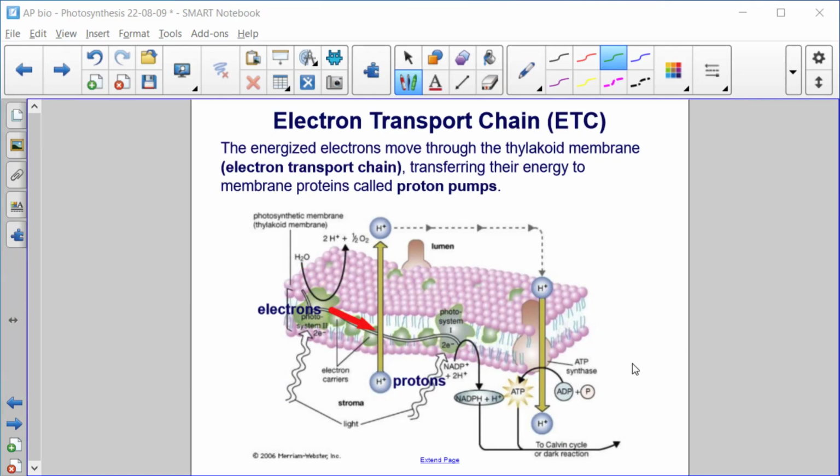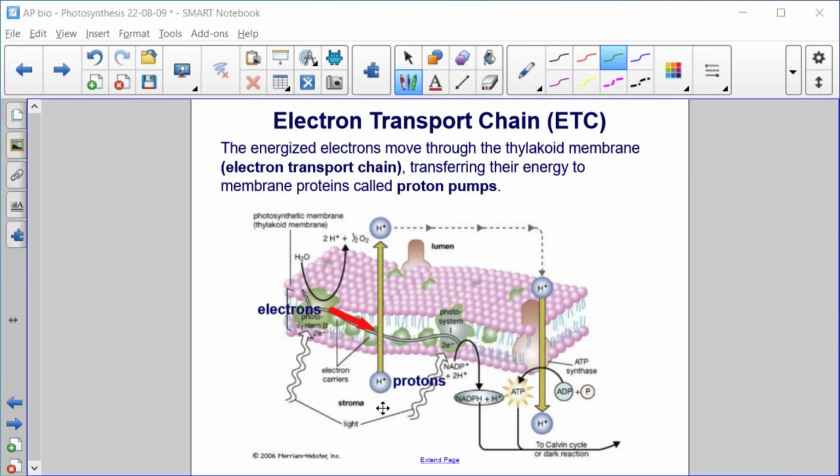All right, now let's talk about these electrons. When the light is absorbed, the electrons in photosystem 2 are energized, right? The energized electrons move through the thylakoid membrane. This is known as an electron transport chain, transferring their energy to membrane proteins called proton pumps.